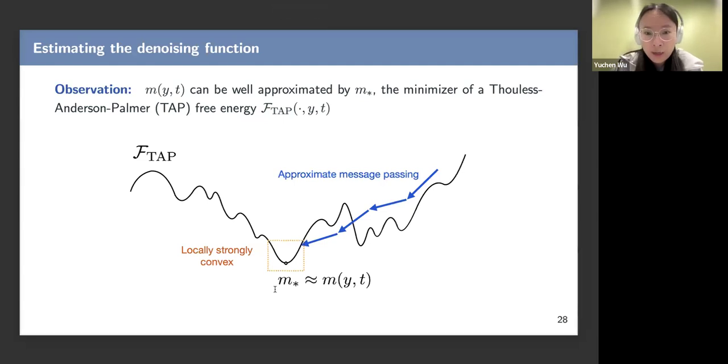Then we run the approximate message passing algorithm, and we can show that after a sufficient number of iterations, the AMP algorithm reaches this small region where the TAP free energy is locally strongly convex. After that, we just run gradient descent, which gives an accurate approximation to the global minimizer m star. This entire procedure gives us an algorithm to estimate the denoising function m(y_t, t), and we are going to use that to construct our algorithm.